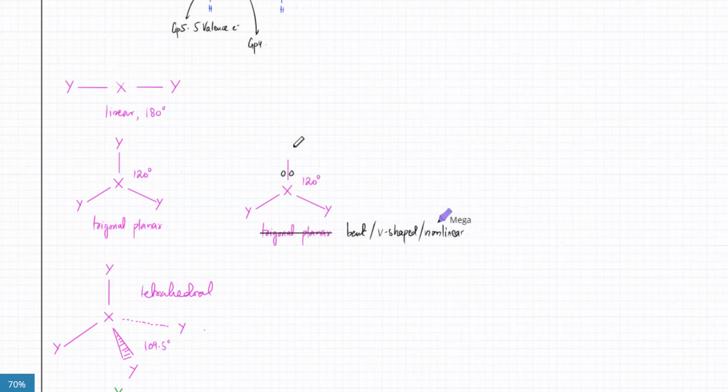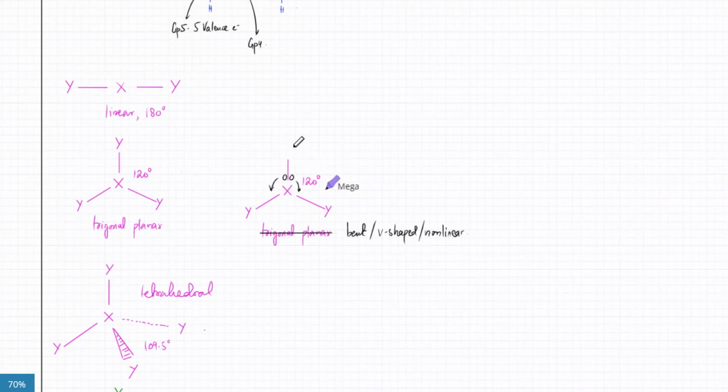And one important point is that these lone pairs are always closer to the atom because they're not getting pulled by some other atom. They're not being shared, so they're always closer to the atom, which results in greater repulsion. So the lone pairs repel the other bonds slightly more, which is why the angle decreases.